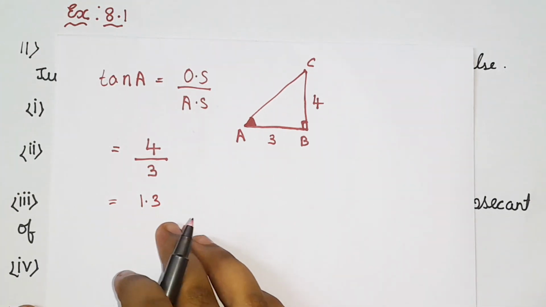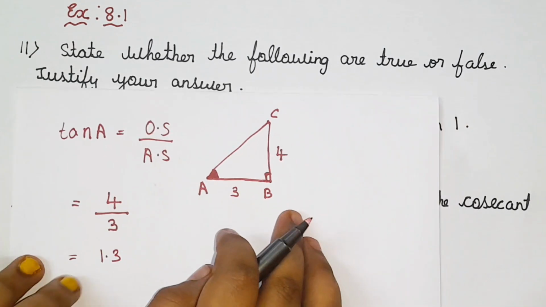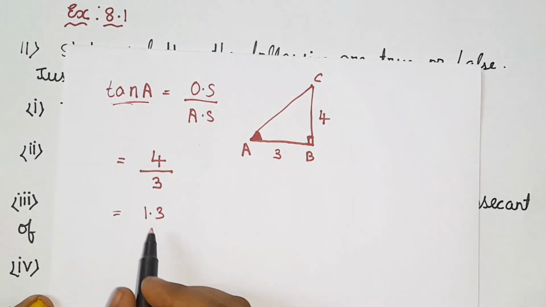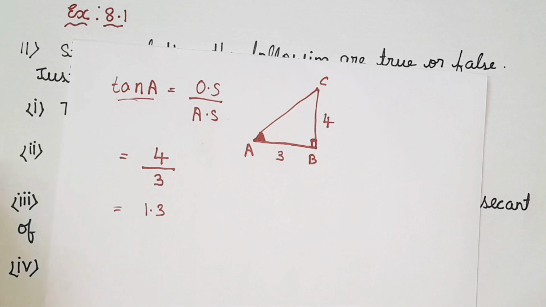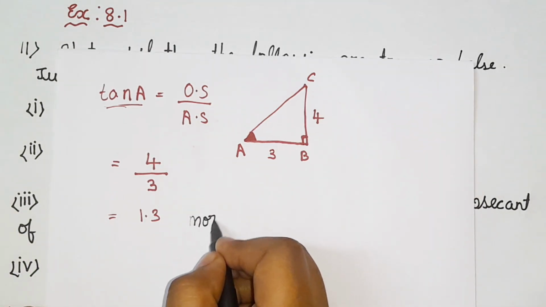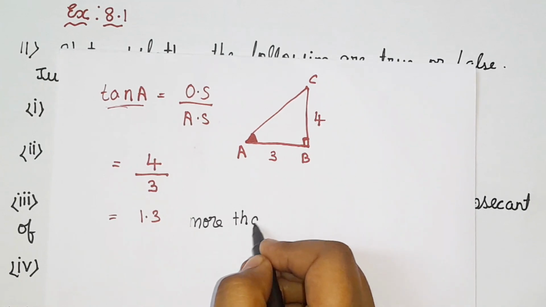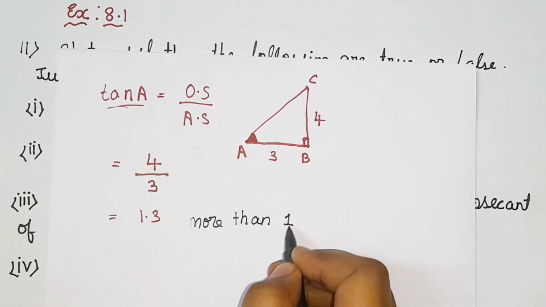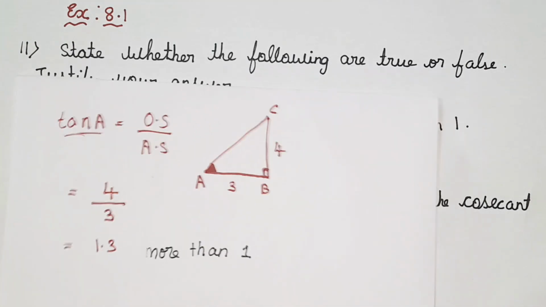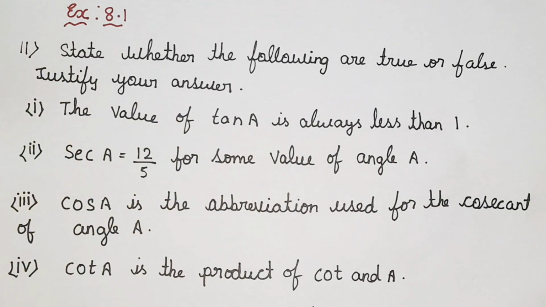Okay, so is this value less than 1? According to the question, the tan A value is less than 1, but it is not necessary that it has to be less than 1, isn't it? It can be more than 1 as well. In most cases it will be more than 1. So just because it is more than 1, I can say this statement is false.